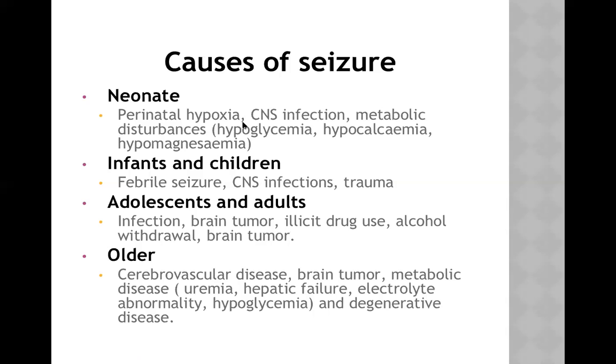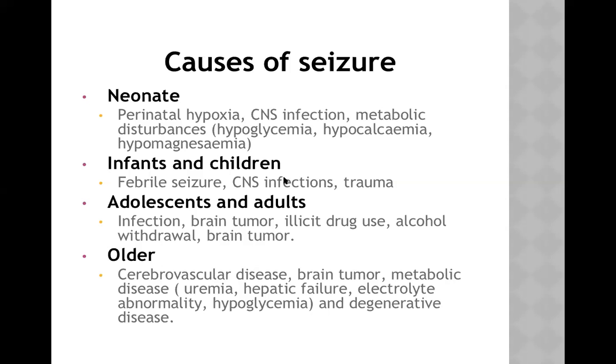At the time of delivery, if the newborn suffers from hypoxic damage to the brain, that is called perinatal hypoxia. Seizures are very common. Central nervous system infection like meningitis, meningoencephalitis, encephalitis, brain abscess, these are the different examples. Metabolic disturbances like hypoglycemia, hypocalcemia, hypomagnesemia, all of them can lead to seizure disorder.